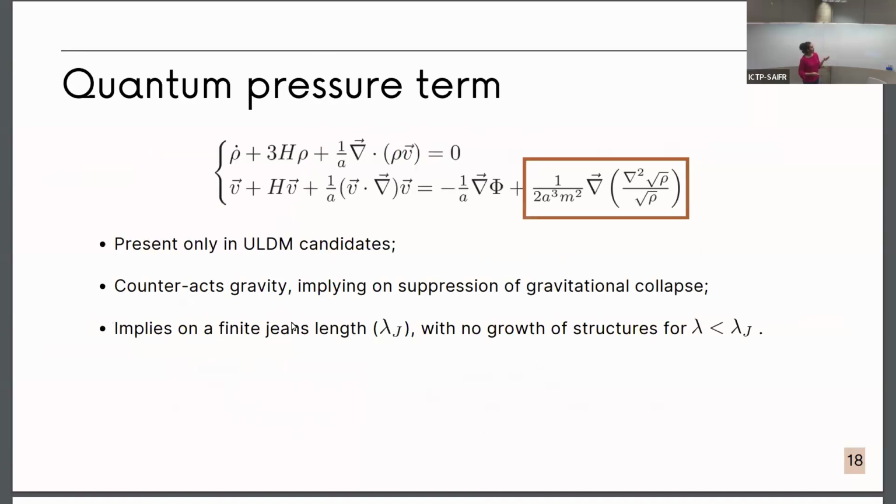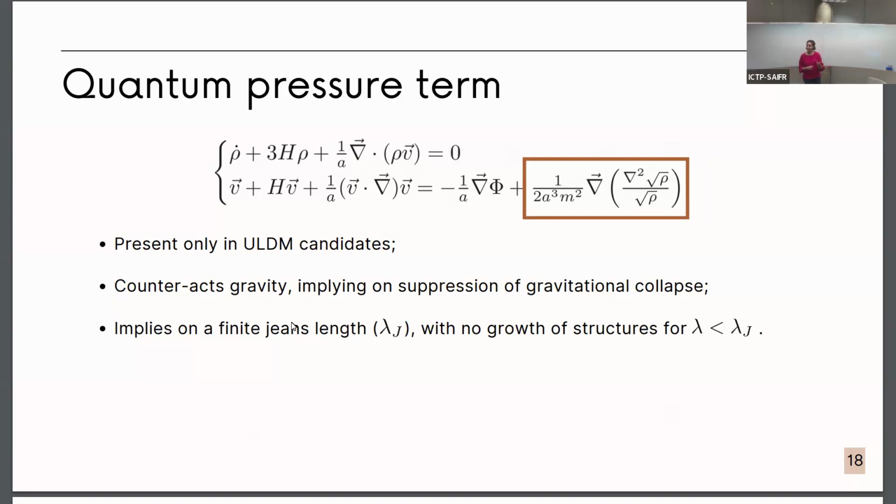And what you find that's nice is this last term that's called the quantum pressure term. And it's present only in ultralight dark matter candidates, because it's related to this very long de Broglie wavelength. And this term acts like a pressure, so it will counteract gravity, implying a suppression of the gravitational collapse.